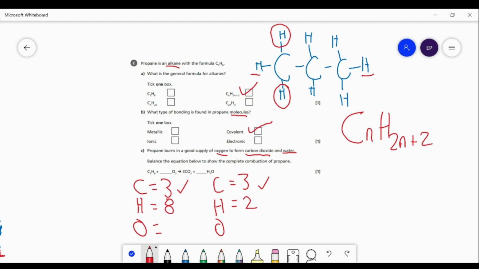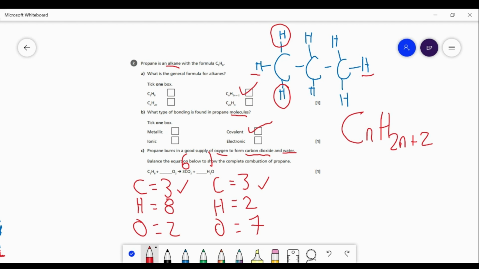Oxygens on the left-hand side, we have 2. And on the right-hand side, the product side, we can see oxygen is in 2 places. It's in the carbon dioxide and it's also in the water. So in the carbon dioxide, we've got 3 times 2, so 6 oxygens there, plus 1 in the water. That gives us a total of 7.